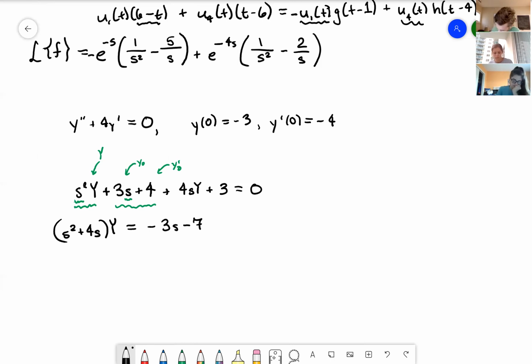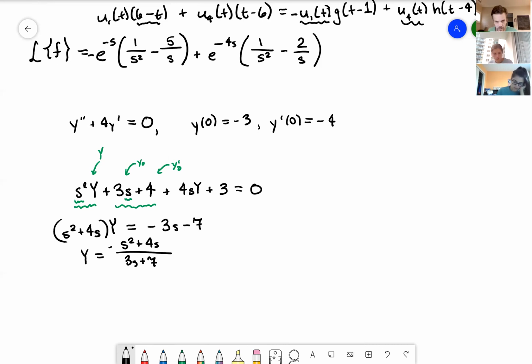And then capital Y is equal to S squared plus 4S over, I'm going to write it like this, 3S plus 7, and minus out front. Okay. Fingers crossed that we've got this right. WebWork would allow me to know if I'm getting it right. Oh, what do they want me to do next? Partial fraction decomposition, of course.